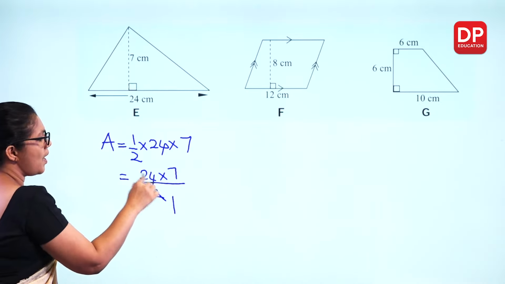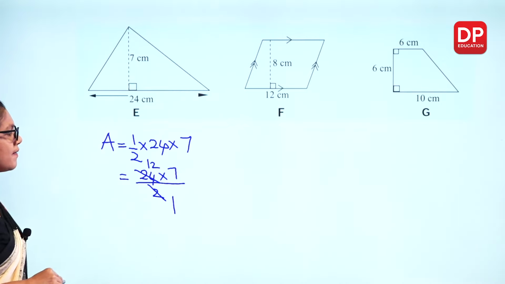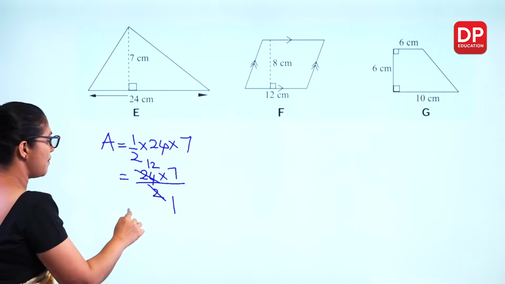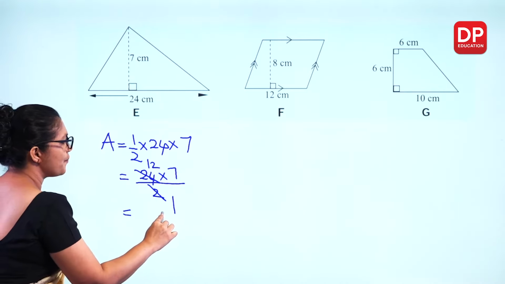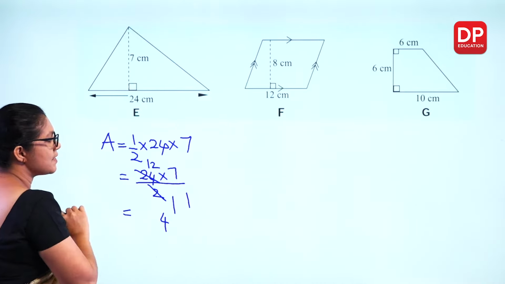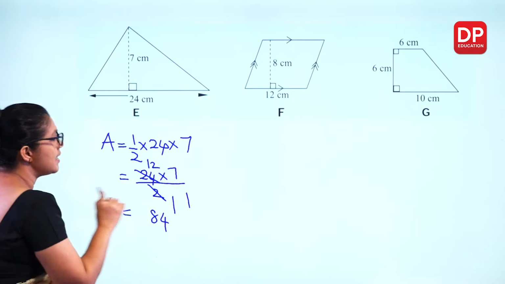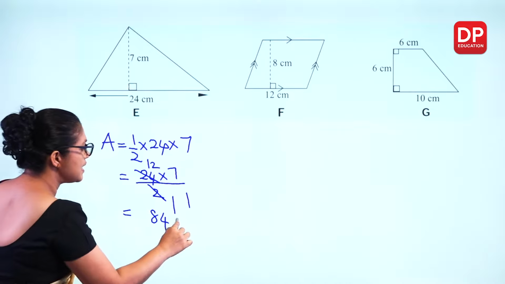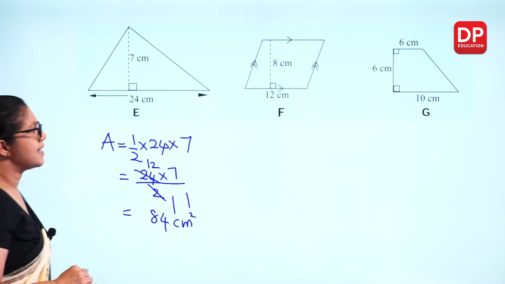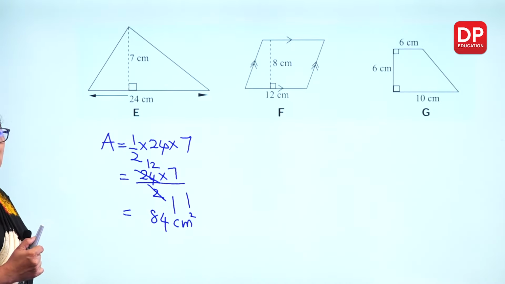Simplify 2 times 1 and 2 times 12. 12 times 7. Multiply 7 times 2. 14, 1 remaining. 7 times 1, 7 plus 1, 84. So what's the unit here? Square centimeters.